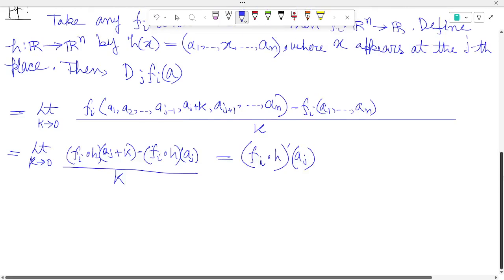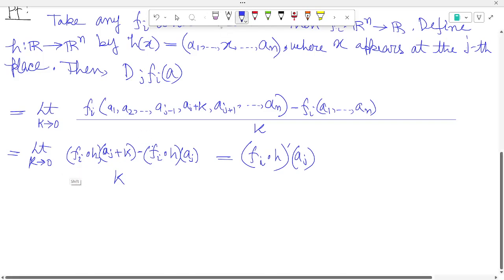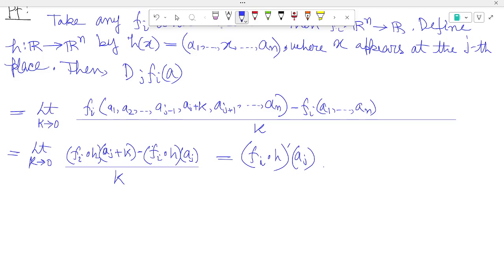But by chain rule, just a minute, which is equal to f dash of h of a_j whole, times h dash a_j. This is by chain rule.